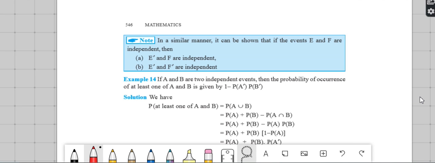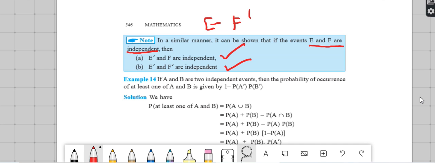If E and F are independent events, then E prime and F are also independent, E prime and F prime are also independent, and E and F prime are also independent.